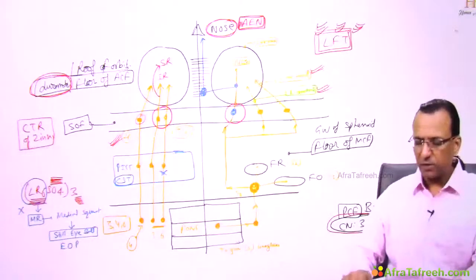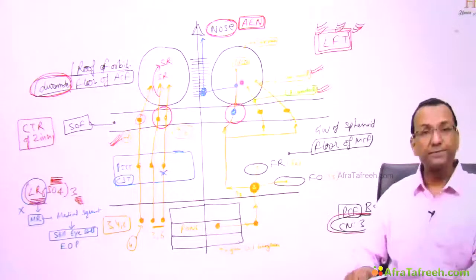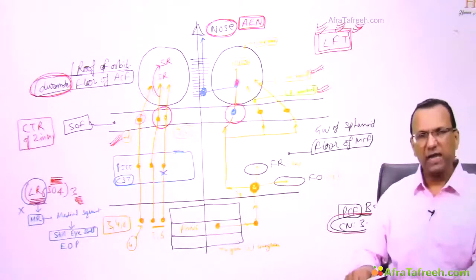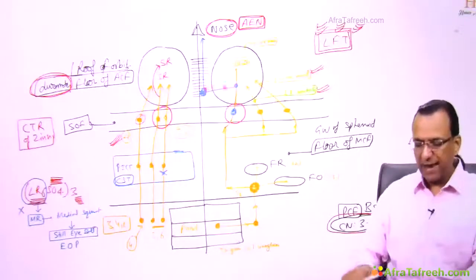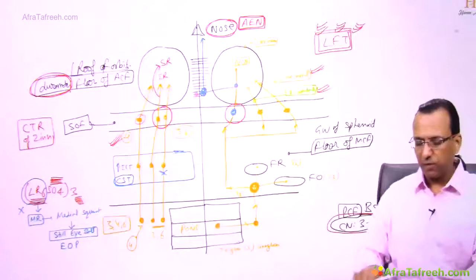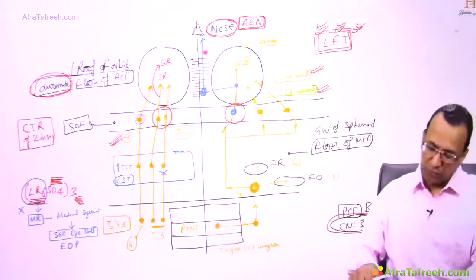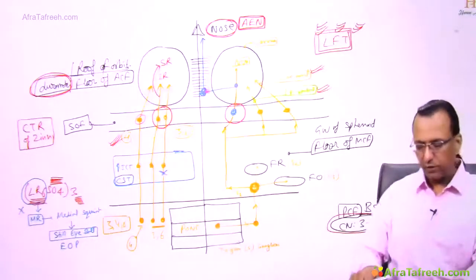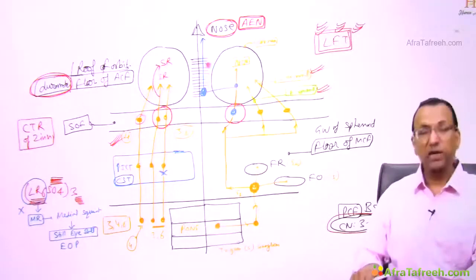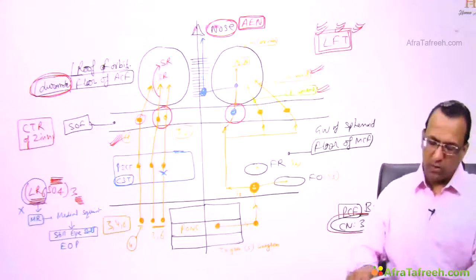It was given in the orbit by the nasociliary nerve. And how does it exit the orbit? Passing through the ethmoidal foramen, it comes to the floor of the anterior cranial fossa, supplies the dura mater there, and then goes into the nose, supplying the nose inside and outside.